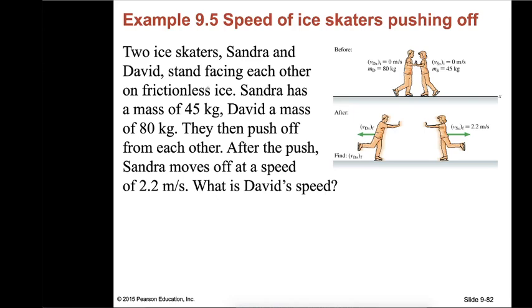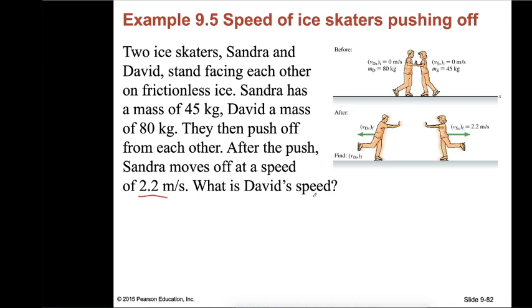Now, here's an example. Two ice skaters, Sandra and David, stand facing each other on frictionless ice. Sandra has a mass of 45 kg, David has a mass of 80 kg. Then they push off from each other. After the push, Sandra moves off at a speed of 2.2. What is David's speed?